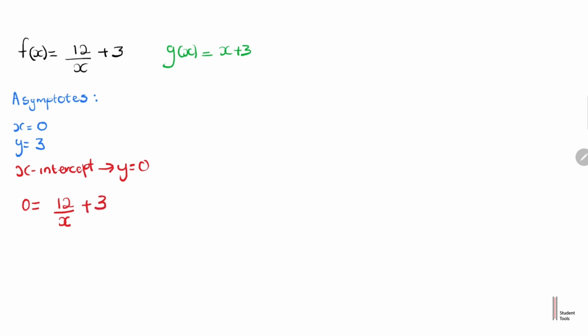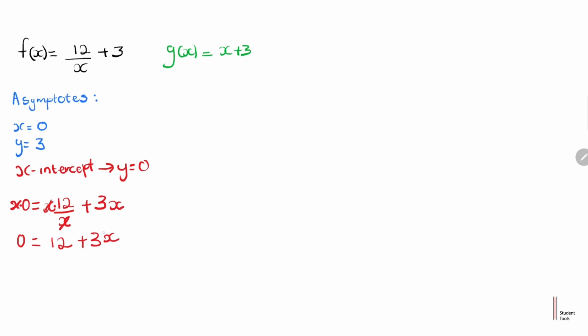And then we solve. To solve this, we will have to multiply everything by x. So we'll multiply by x here, x here, and also x here. So this x will cancel this x, such that this will be equal to 0, because x multiplied by 0 is 0. Here we have 12, because it's 12 multiplied by 1, and then plus 3x.